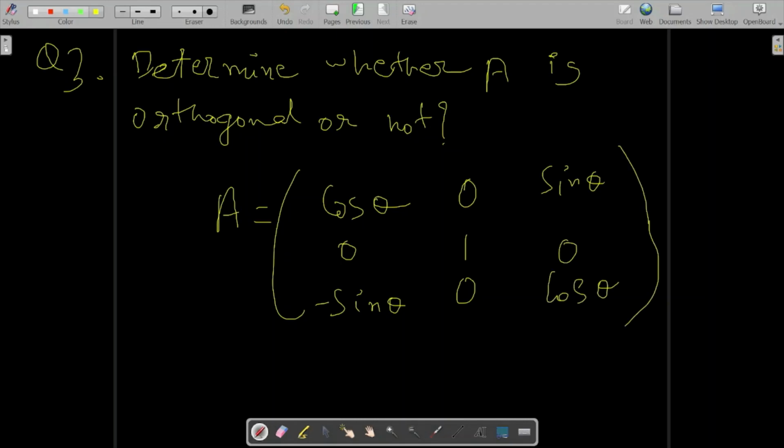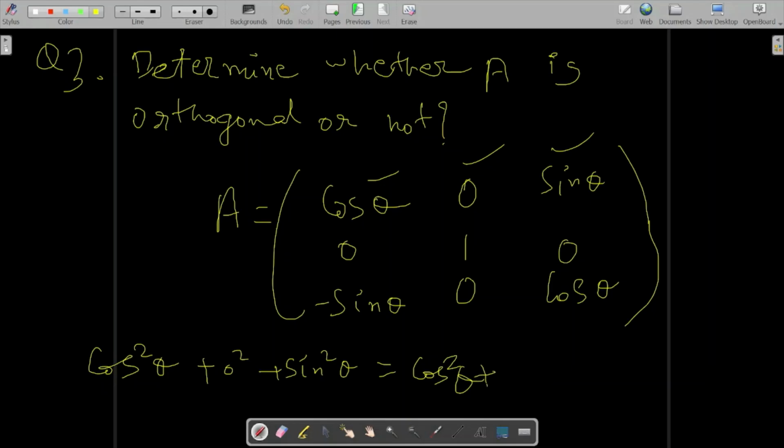So how will you do it? Similarly, take the first row: square this plus square this plus square this, that should be equal to 1. So your first equation becomes this thing, and this should come out to be equal to 1. Is it coming out to be equal to 1 or not? You know that sine square theta plus cos square theta is equal to 1. So this is satisfied. Then the second row: 0 square plus 1 square plus 0 square, that is also coming out to be 1.